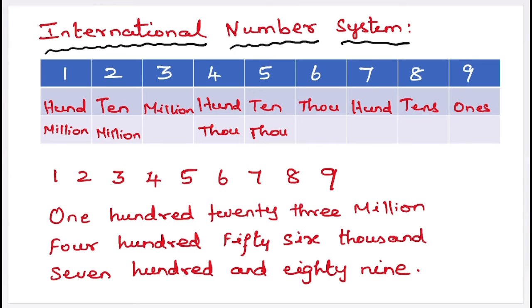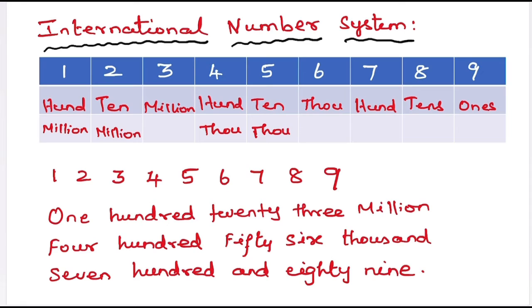That is, for every 3 numbers from the right side, we use a comma till it ends with 1 or 2 or 3 numbers. This system is commonly used in Western countries.